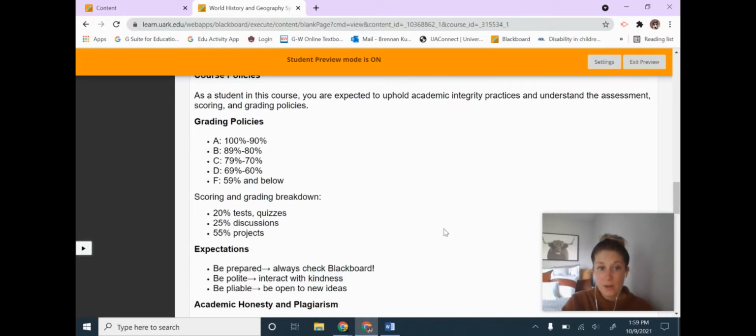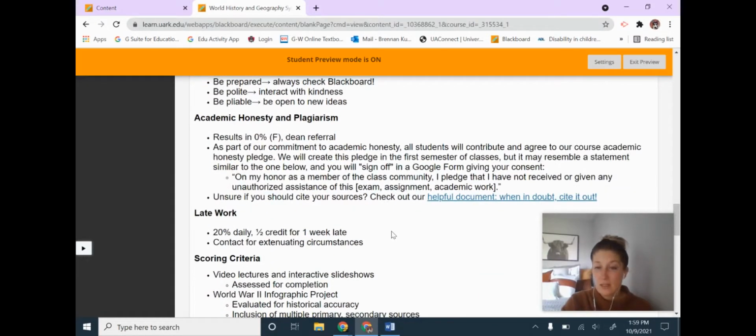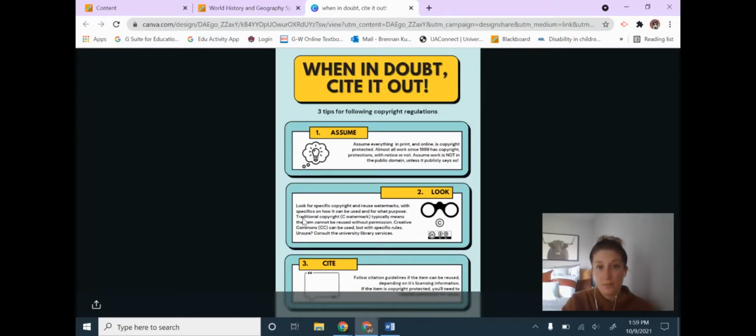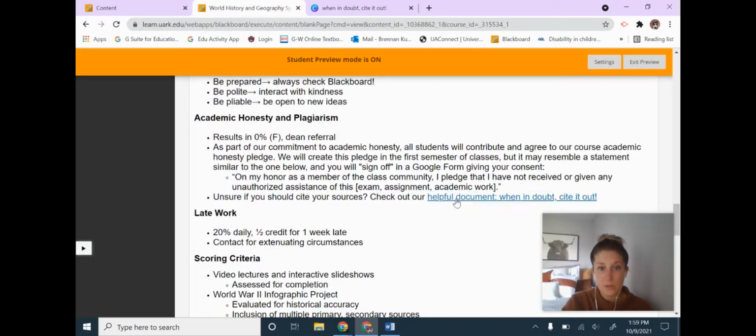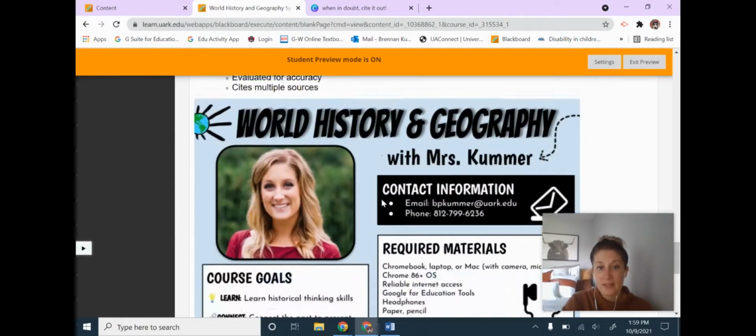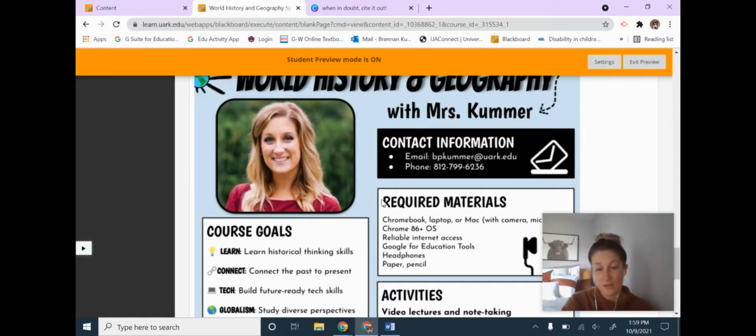Then grading policies and course policies, and a breakdown of grades, some expectations, a plagiarism policy, as well as a helpful guide that explains to students plagiarism and citation best practices in a visual sense, information on late work, scoring criteria, and then here is the visual syllabus also embedded, but also could be accessed through that link there.